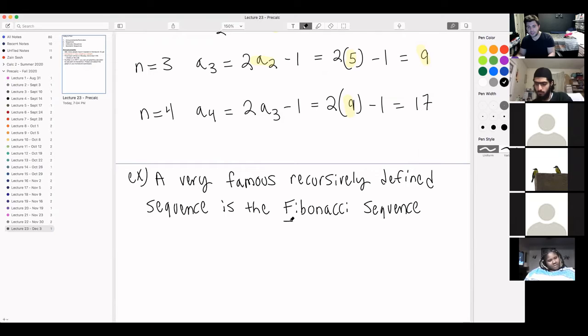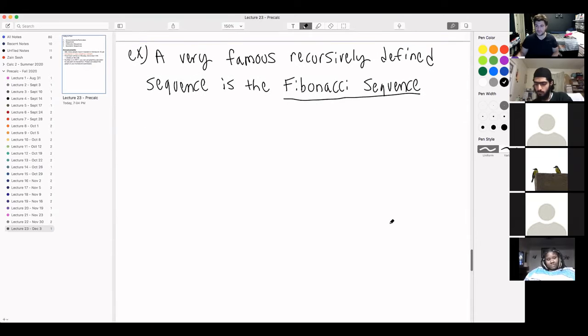You can't talk about recursively defined formulas and not mention this sequence. It's probably the most famous one.